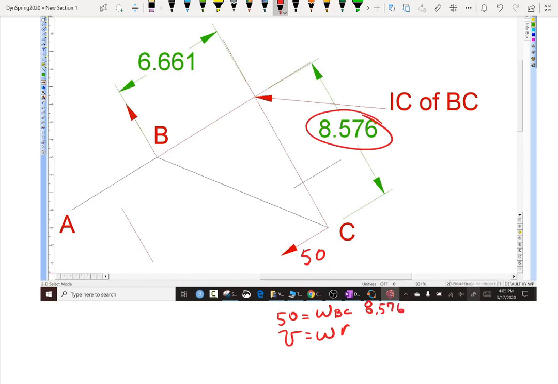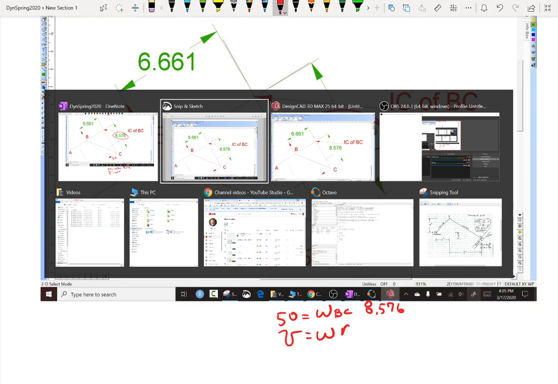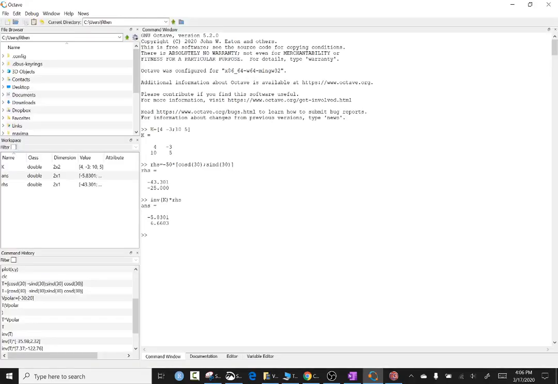So now 50 divided by 8.576 becomes 5.832, which is that.